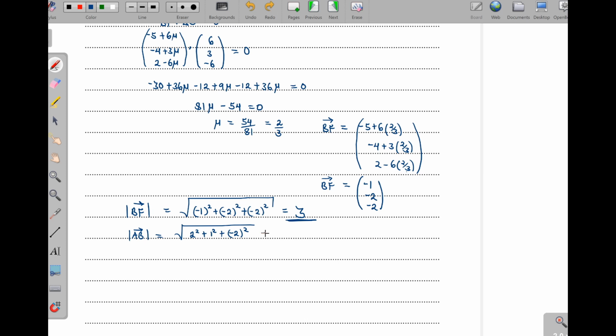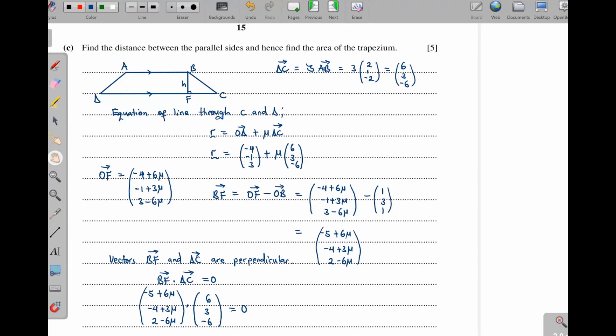So this one is also what? 3. Now, our DC, the length of DC is going to be 3 times 3, which is equal to what? 9. I said you just get this one here, the 3, then times what you get here. Because when I get the modulus here, this one will just pop out, then we get like that. Okay?